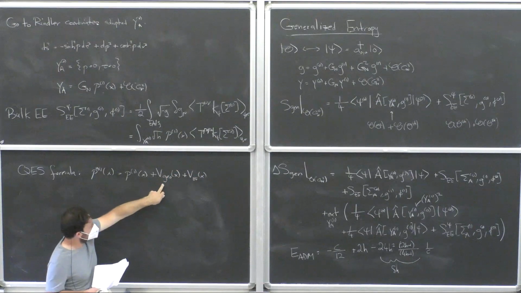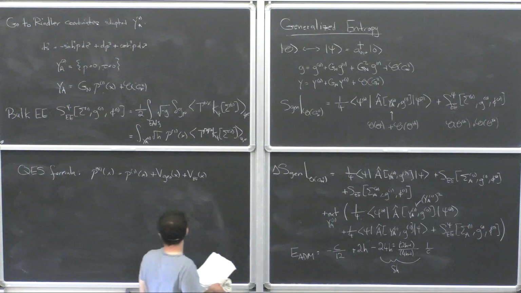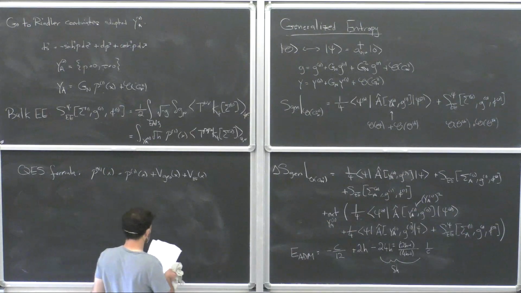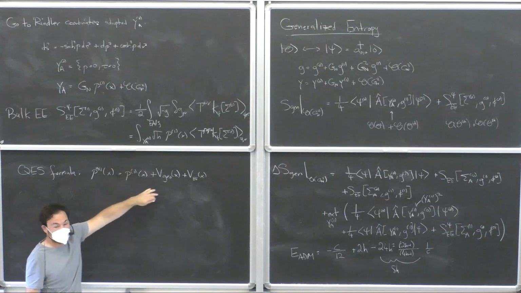This V geometric is coming from these variations of the area term here. They're written down explicitly in our paper. But the key punchline is that this is just a first-order linear differential equation that's inhomogeneous.